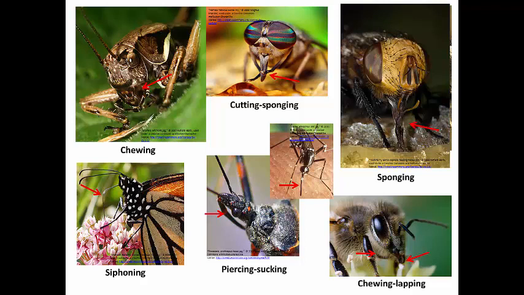This type of mouthpart is found in most immature stages of insects, like caterpillars and things, as well as many adults of insects. It's characterized by those large sclerotized mandibles. These mandibles, you can see here, are attached to large muscles in the head.